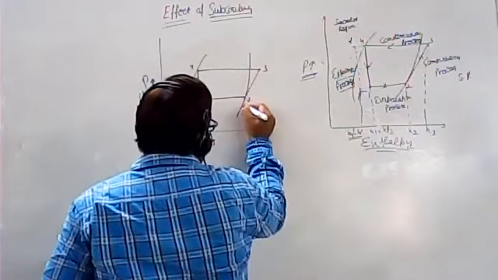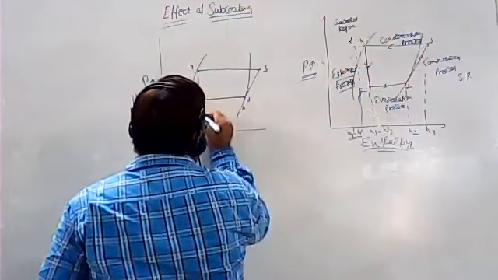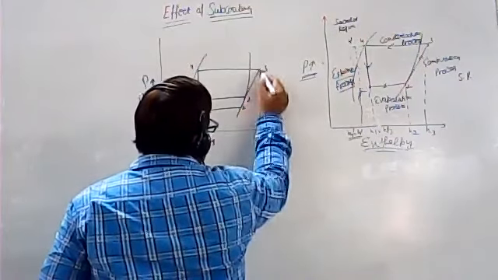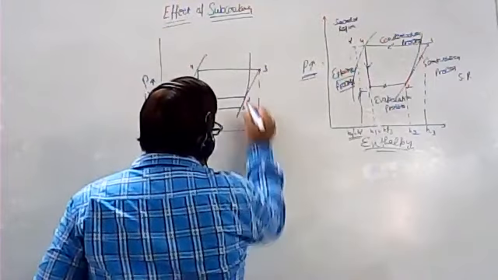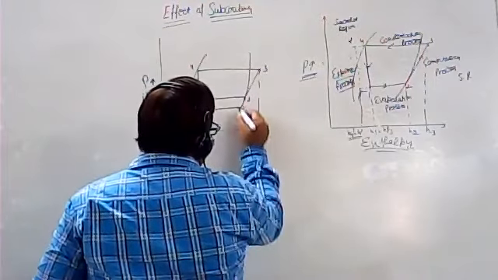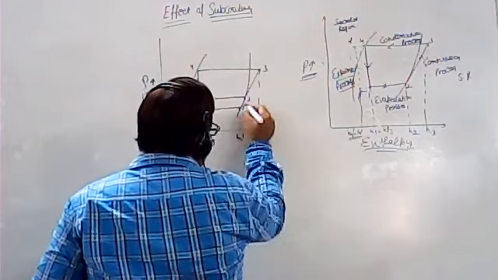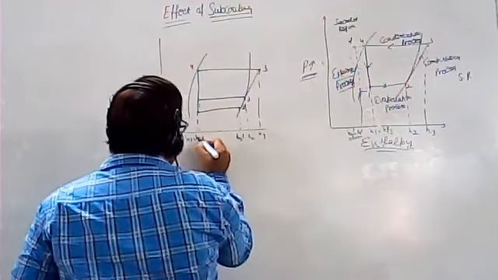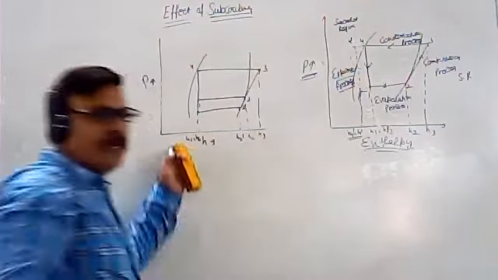What if I reduce suction pressure? Then its refrigeration effect will get reduced. Okay, so this will be H3, H2, H2 dash. This is your 2 dash. H1 is equal to H4, if your suction pressure gets reduced.